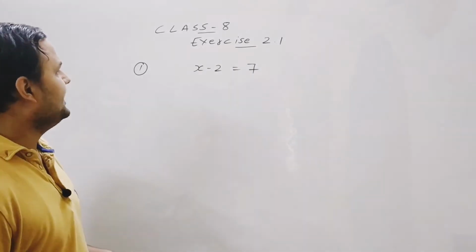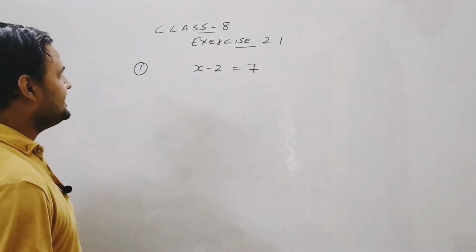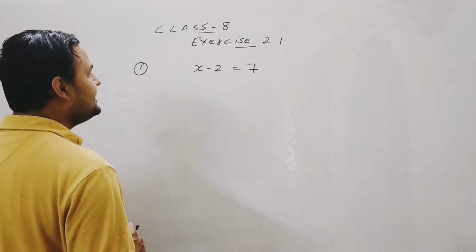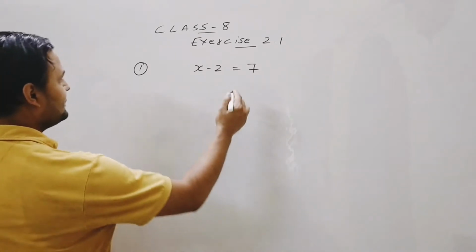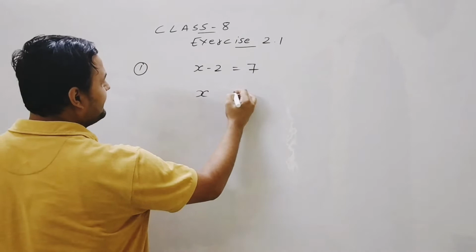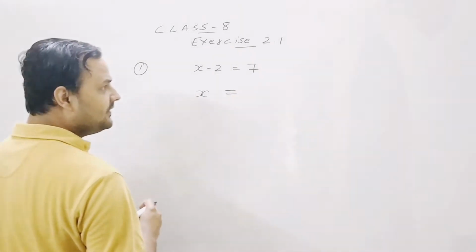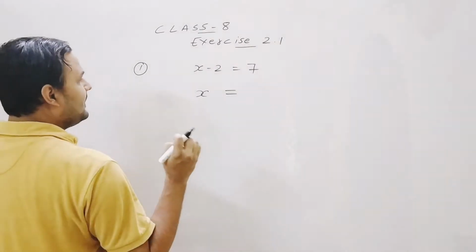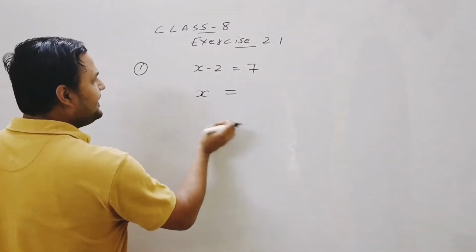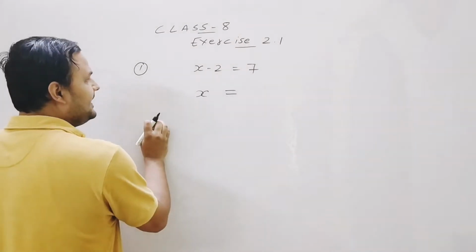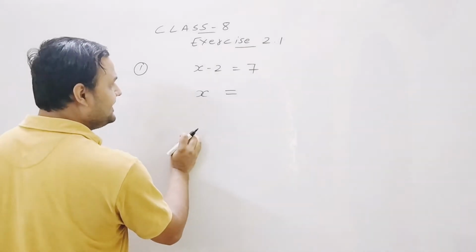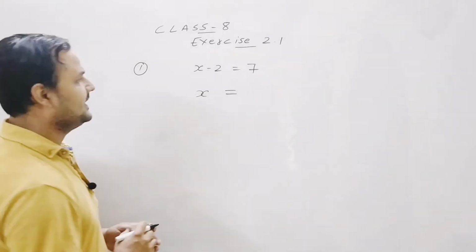From 2.1, the first question is x minus 2 equal 7. We have to find the value of x. I told you in the last video, I will repeat it again: I will keep my variable on the left hand side and constant on the right hand side of the equal sign.